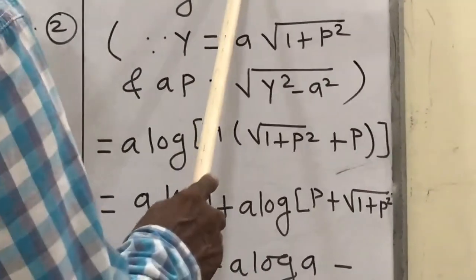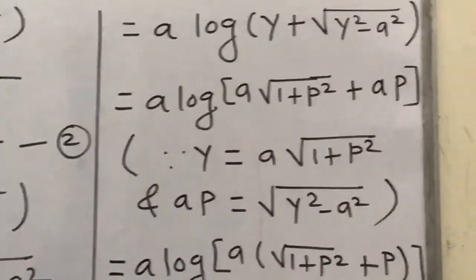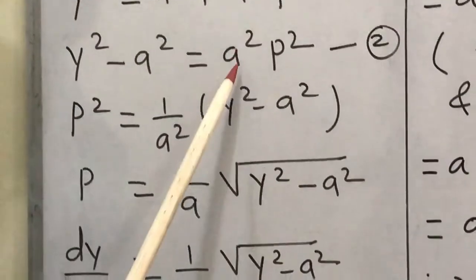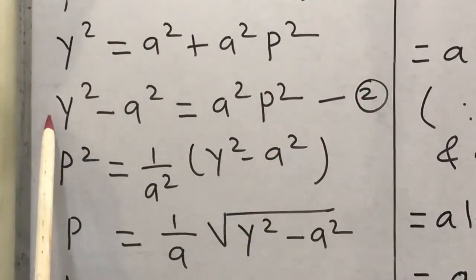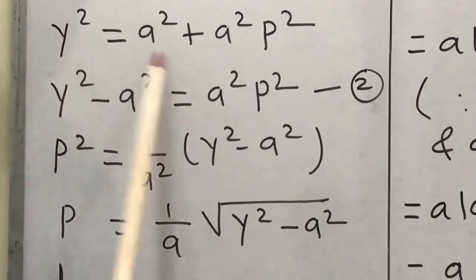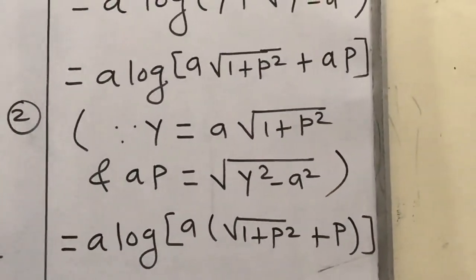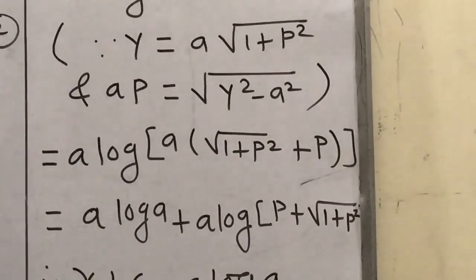So write down here, instead of y, a into under root 1 plus p square, and under root y square minus a square means nothing but from equation 2, ap is under root y square minus a square. So this is ap due to equation number 1 and 2.